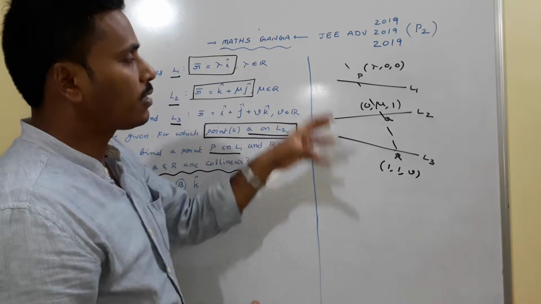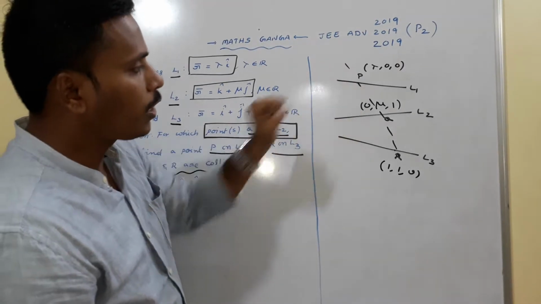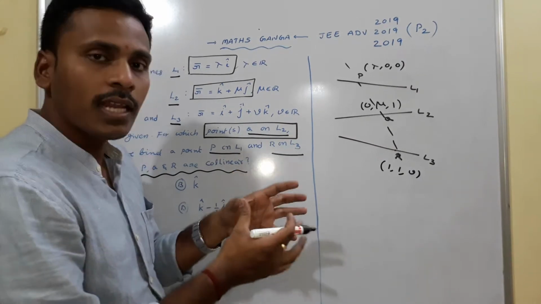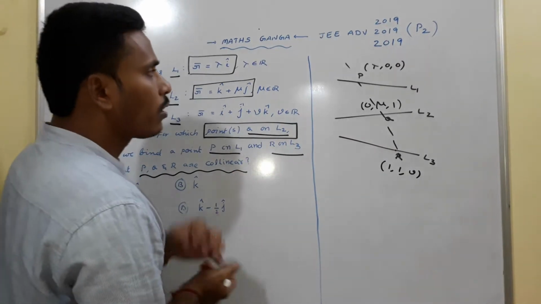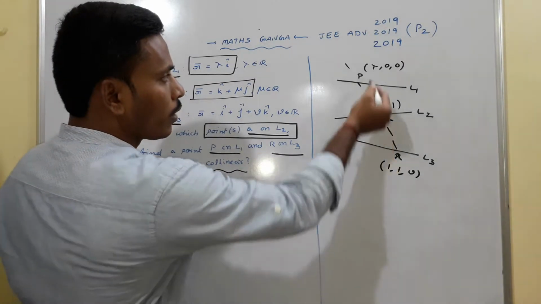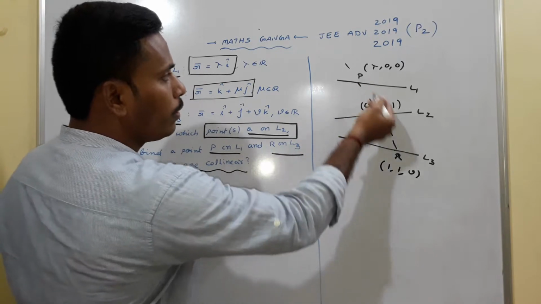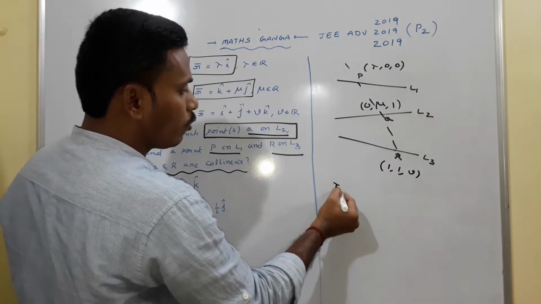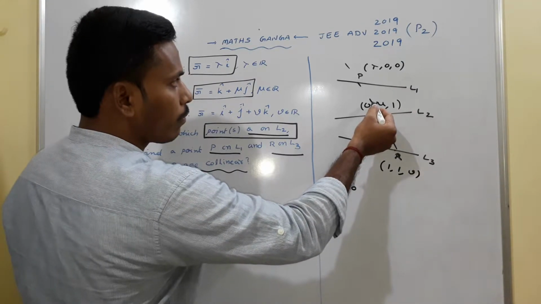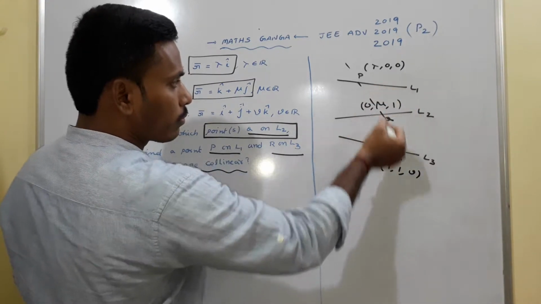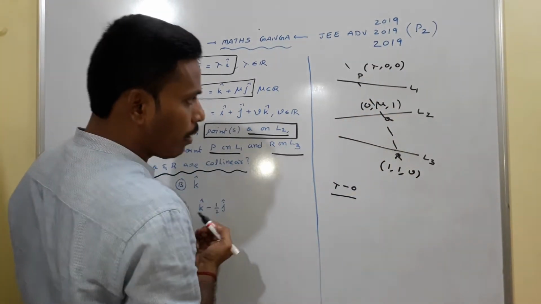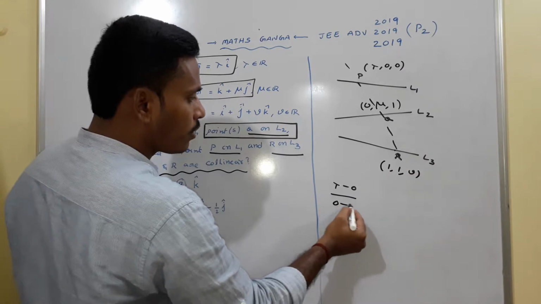The DRs of PQ and the DRs of QR will maintain the same ratio. The DRs of PQ are lambda minus 0, and for QR it is 0 minus 1.